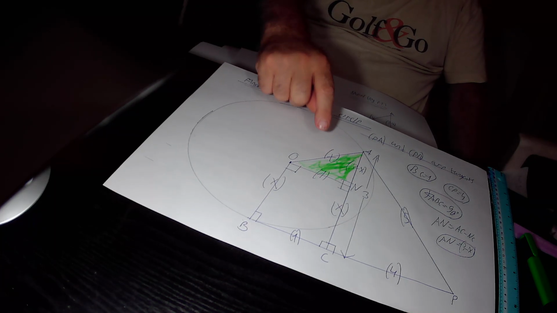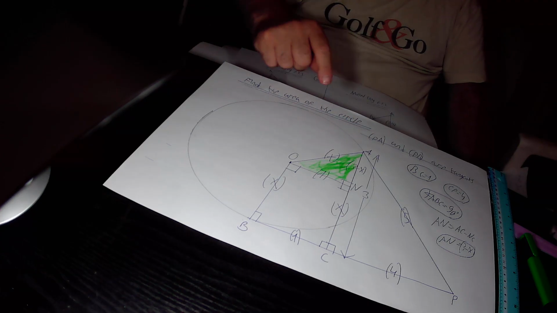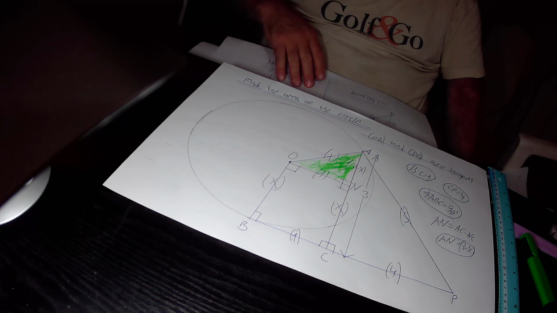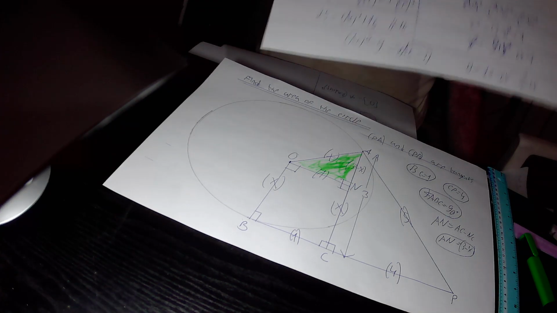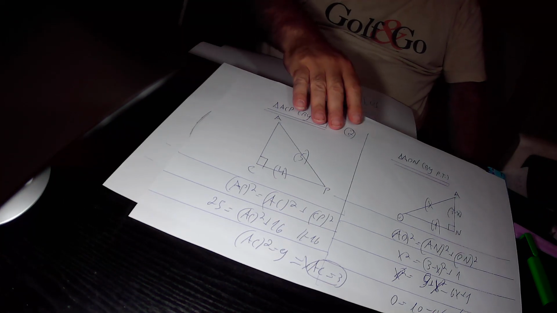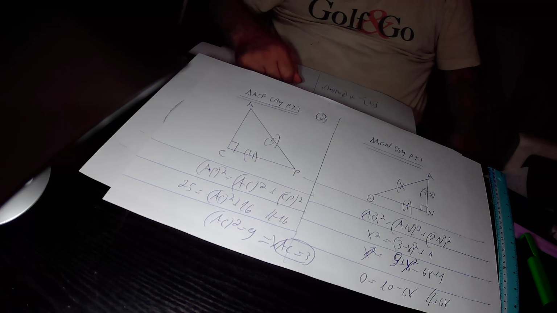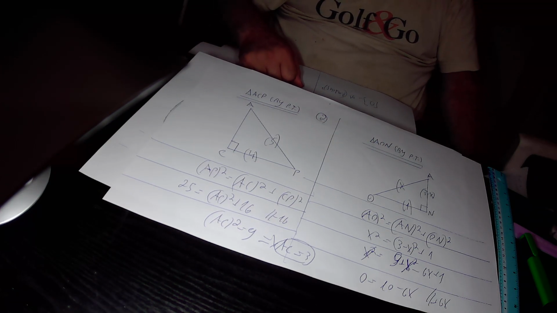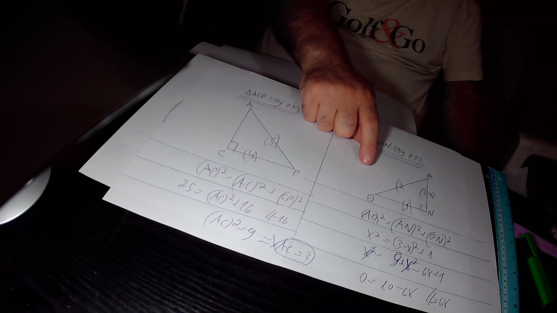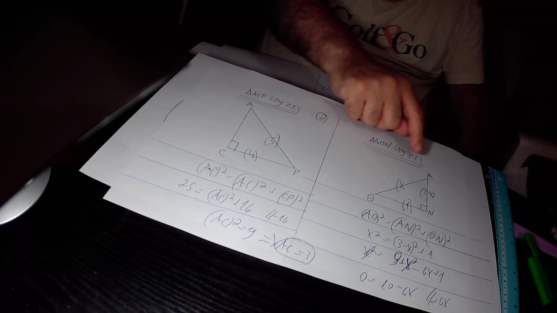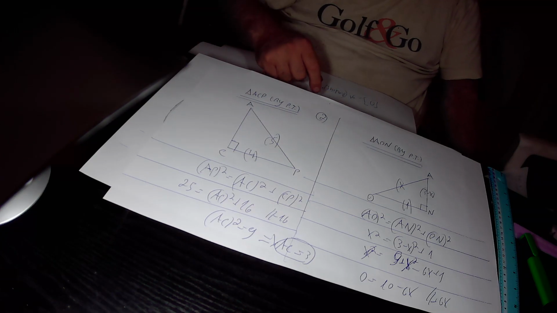So I copy the right triangle AON from the original drawing and implement the Pythagoras theorem on it. AO squared equals AN squared plus ON squared.